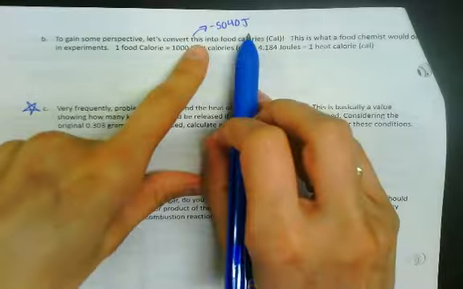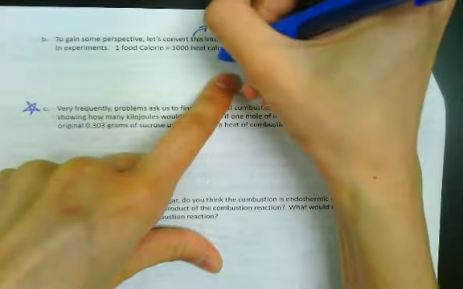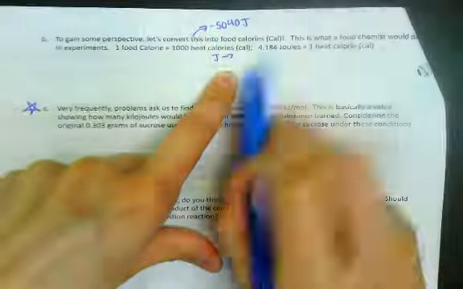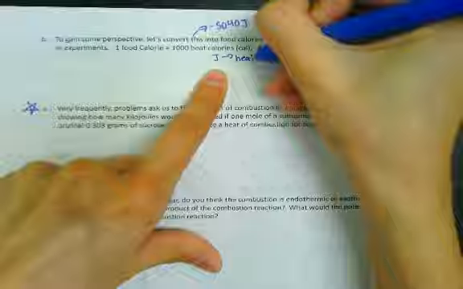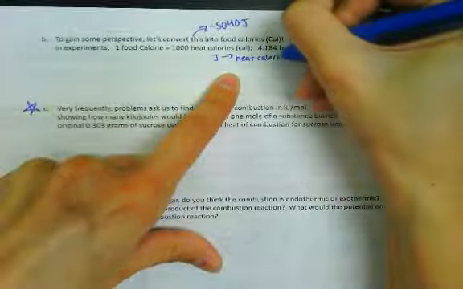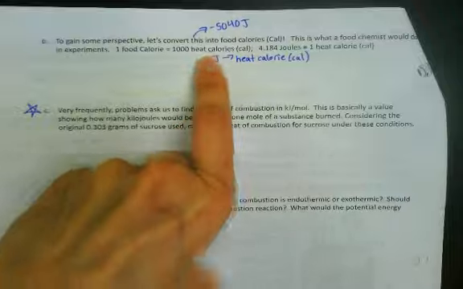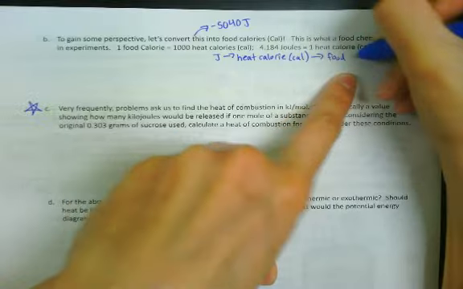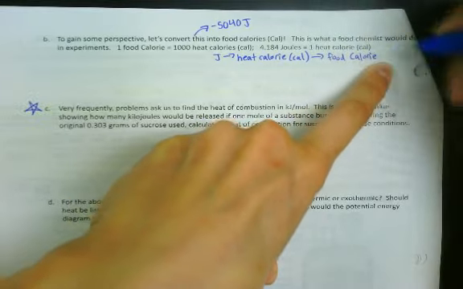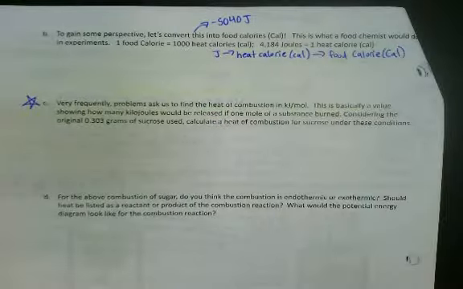You're told this many joules is equal to 1 heat calorie, so you could go from joules to heat calories, lowercase cal, and then from heat calories with this conversion to food calories, capital CAL. So we could do this 2-step dimensional analysis to convert.